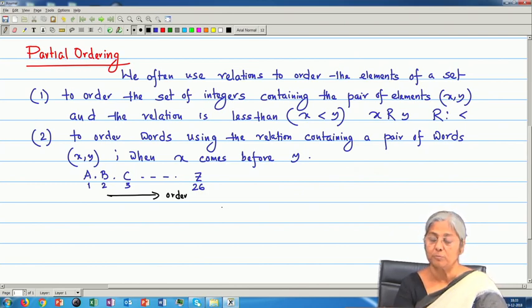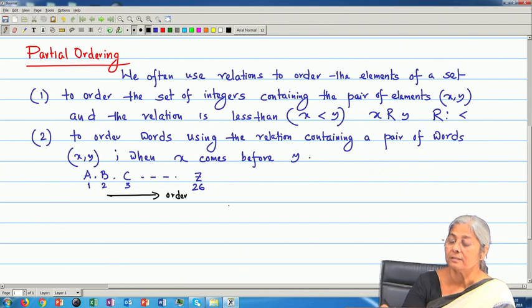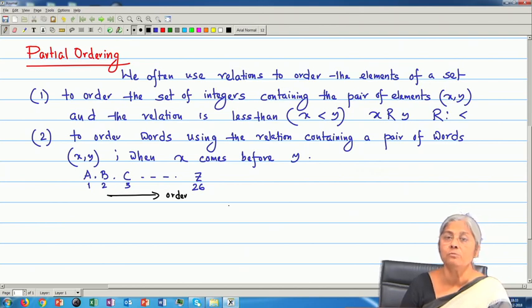Say x comes before y if the position of x is less than the position of y, where positions mean 1, 2, 3. Normally this is the ordering we use in a dictionary, and we will describe that in detail later.